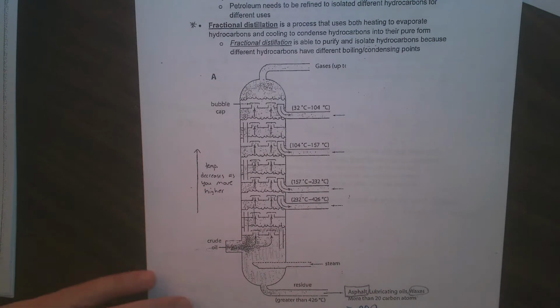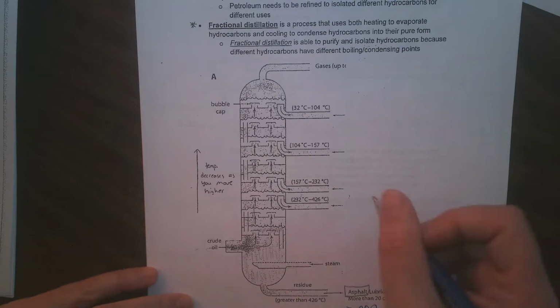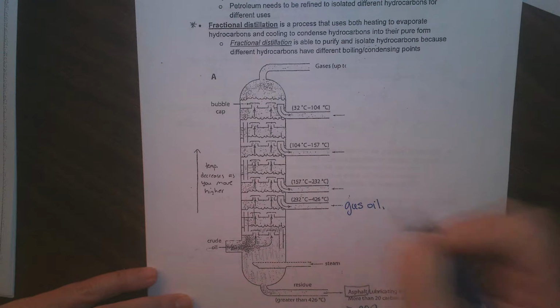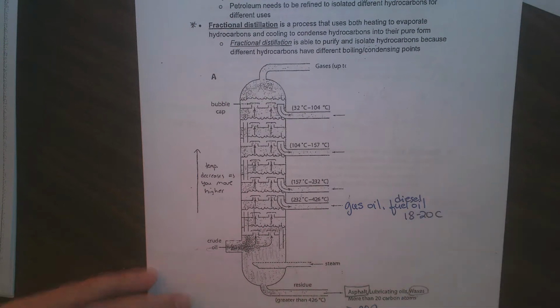Okay. The next one that comes off is what we would call gas oil, fuel oil, and actually let's call it diesel fuel oil. These are roughly 18 to 20 carbons long, in all different aliphatic shapes.